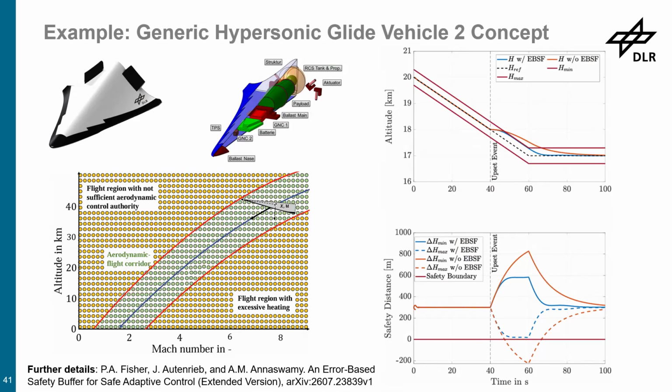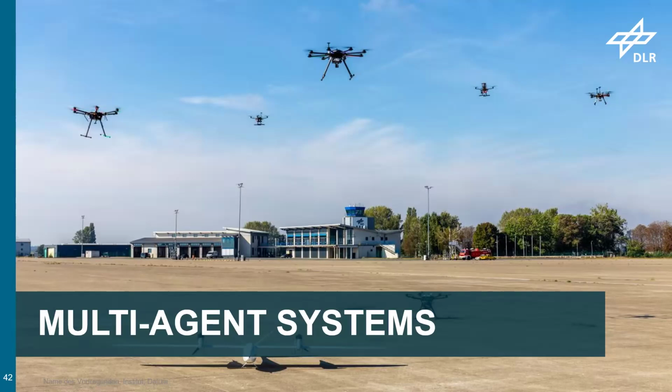After this upset event, a non-adaptive approach, or an adaptive one but without EBSF, will violate the constraint, while our approach was able to maintain safety. Again, I will show the title of the paper afterwards, but it works quite well and it's an interesting result. And if you have questions on that, we can discuss later on.